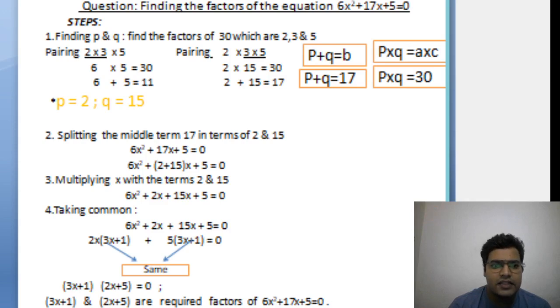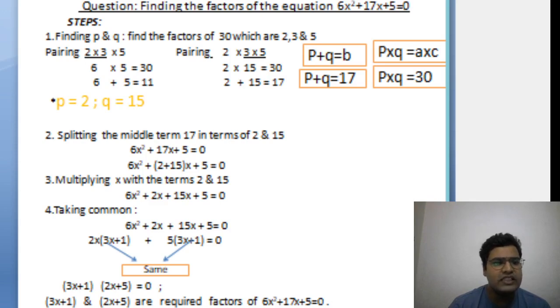So by taking first number as 2 and second number as 15, the product is 30 and the sum is 17. So both the necessary conditions, sum as 17 and product as 30, are satisfied by taking P as 2 and Q as 15. So our answer of the first step will be P equals to 2 and Q equals to 15.